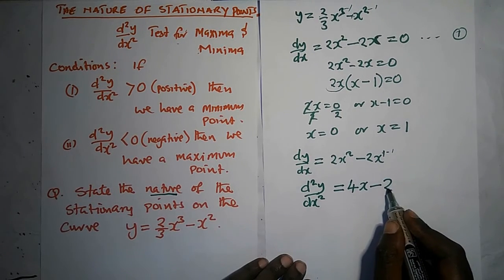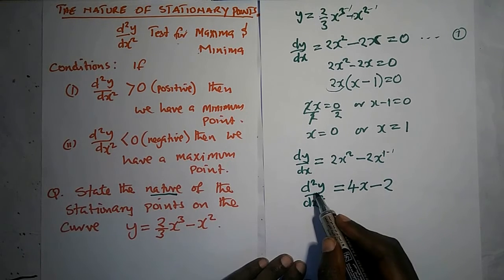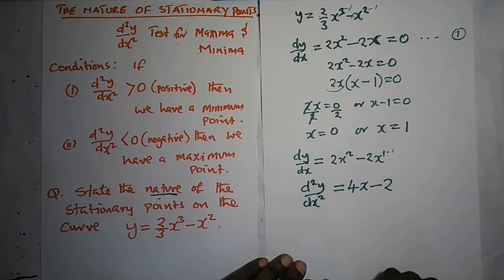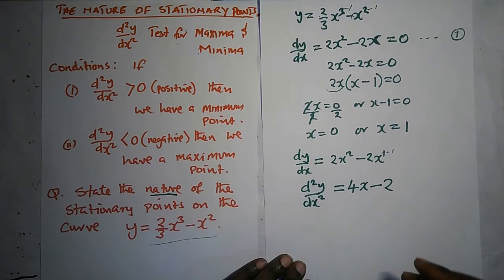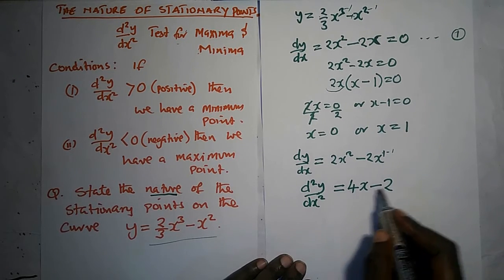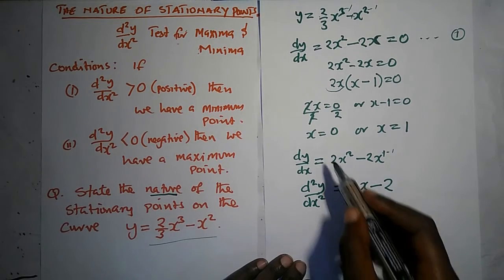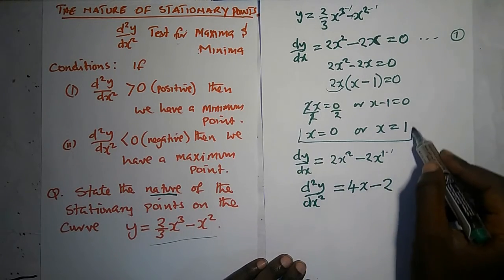This is d2y dx2. We have differentiated the original function twice. You find dy dx, and then you differentiate again to get d2y dx2. Now we are going to substitute the two values we found, one by one.